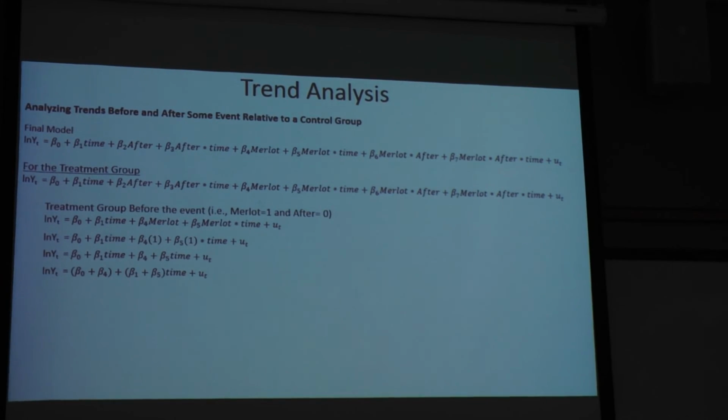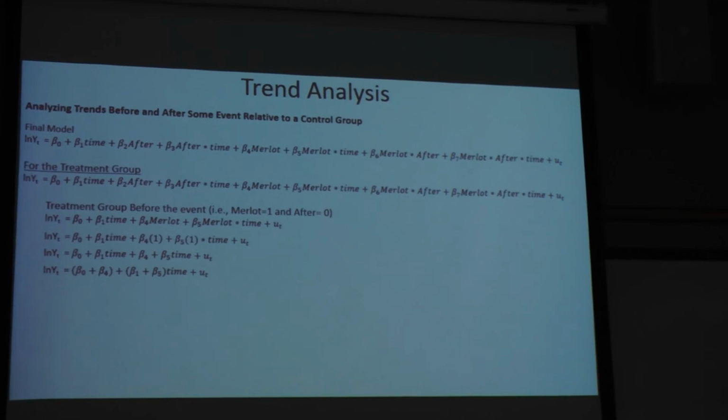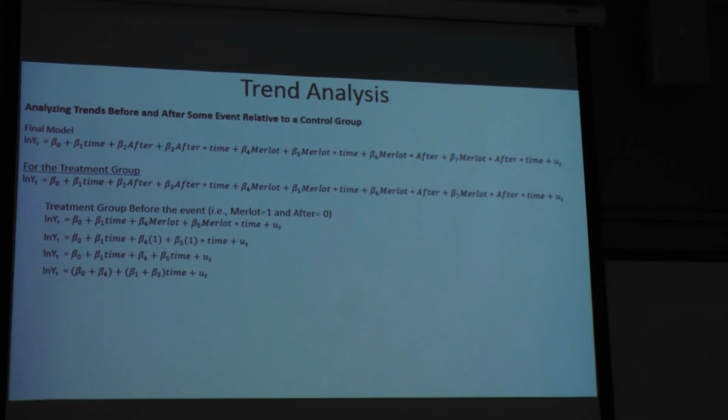And what can we see? If the treatment group had the same slope as the control group before the treatment, and this is just logically trying to keep track of all this stuff.